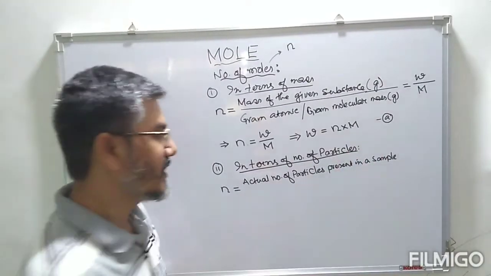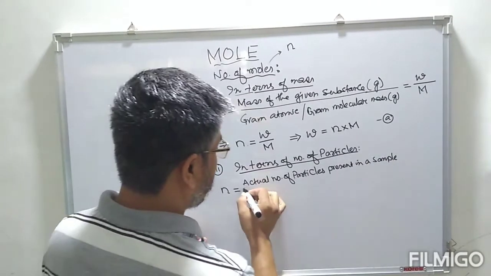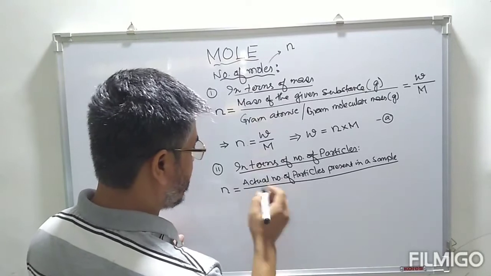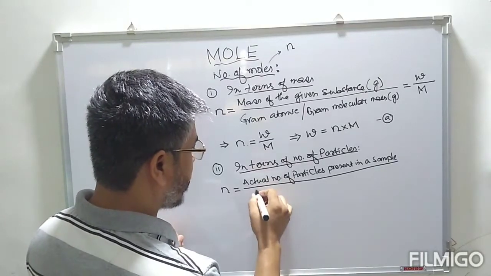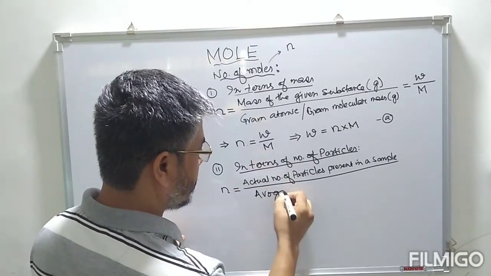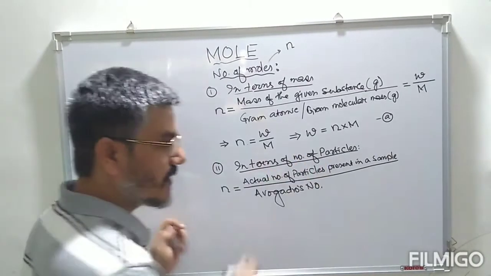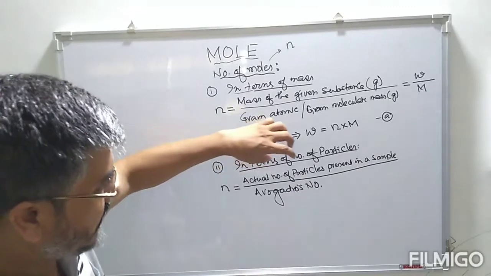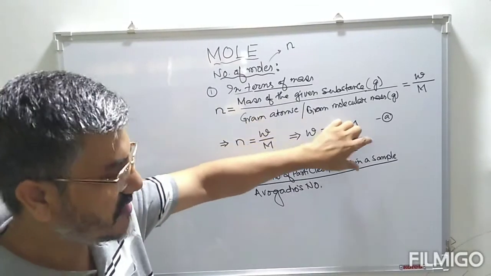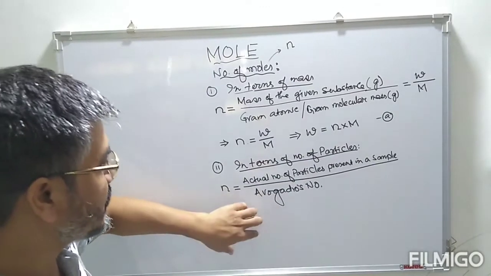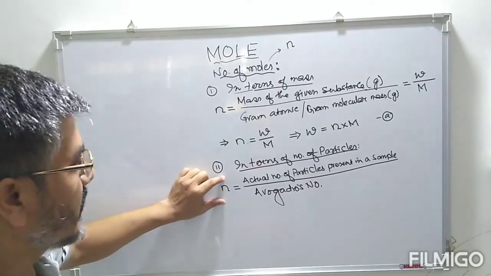That is the number of particles. So these number of particles divided by Avogadro number. So the actual number of particles present in a given sample of the substance divided by Avogadro number. This ratio is also defined as number of moles.